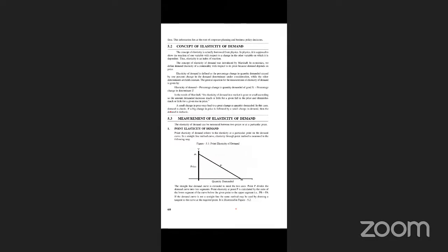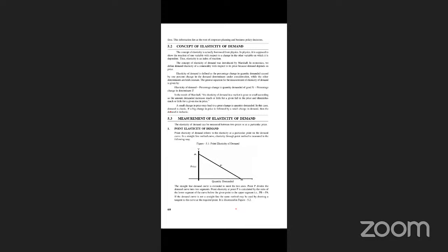Now let's move on to the next topic, that is elasticity of demand. Now you understood how demand is changing with a small change in price, with a change in income, right? In the previous units, we've understood that. Now let's get into understanding the measurement of elasticity. What is the concept of elasticity of demand and how do we measure it?